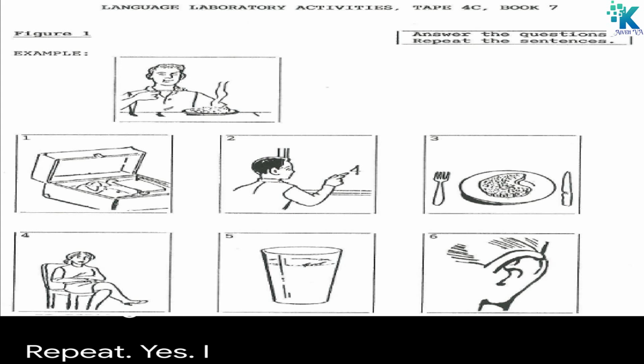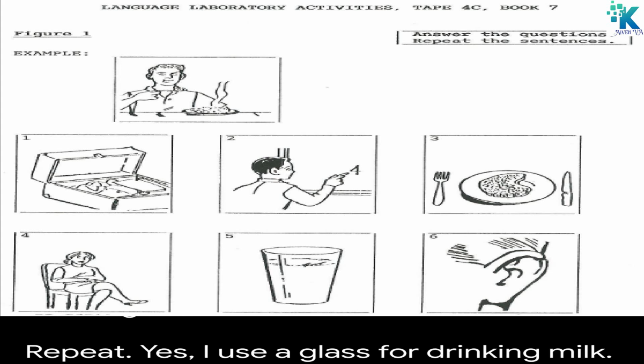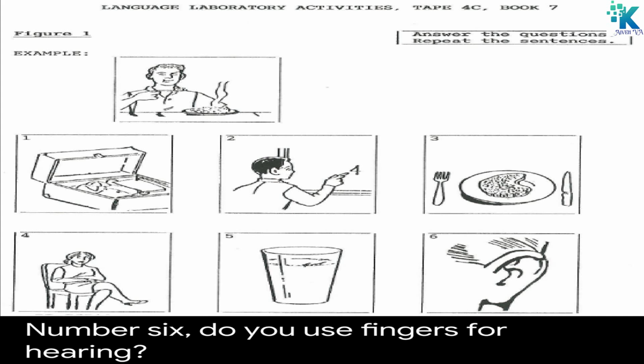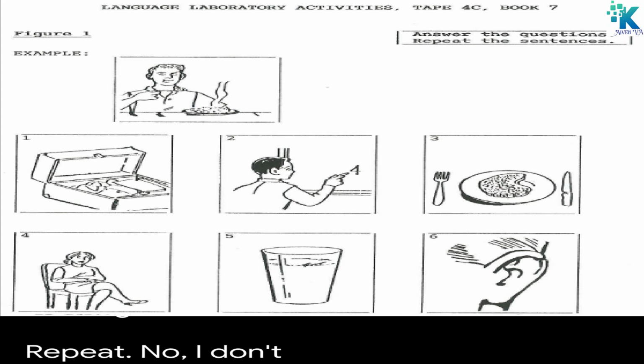Repeat. Yes, I use a glass for drinking milk. Number 6. Do you use fingers for hearing? Repeat. No, I don't use fingers for hearing.